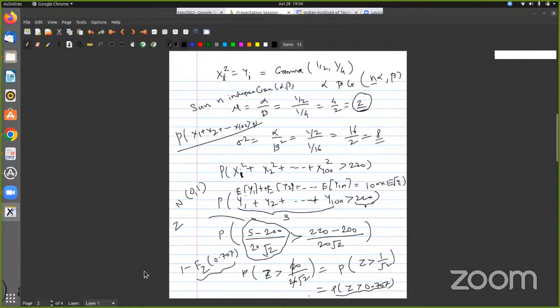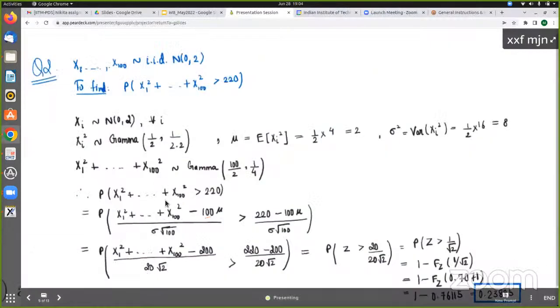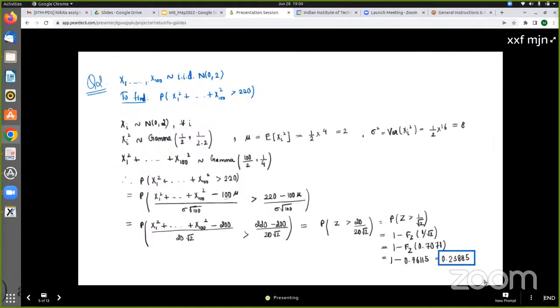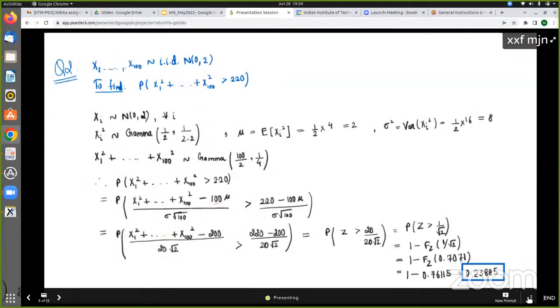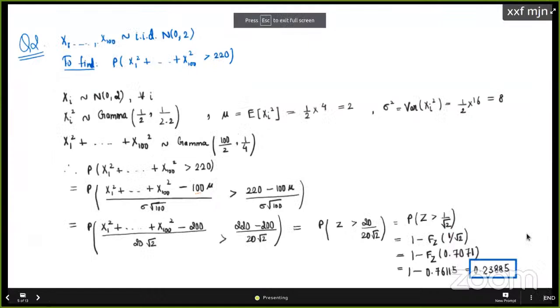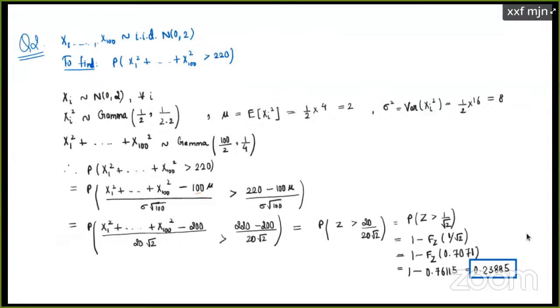It is 0.76115. So 1 minus 0.76115 should be the answer, and it comes to 0.23885. You understand how to solve this, right? If you have some questions related to this, you will be able to solve them. We will move to the next question.